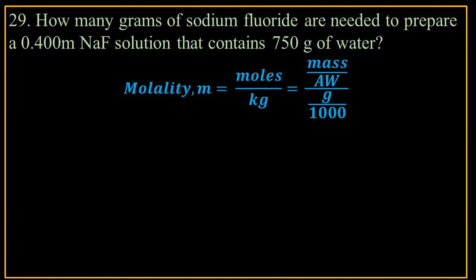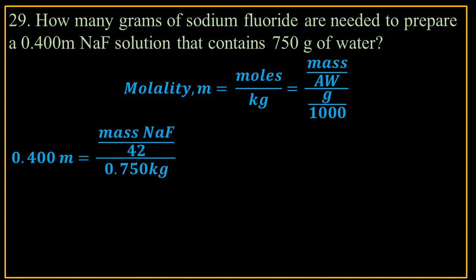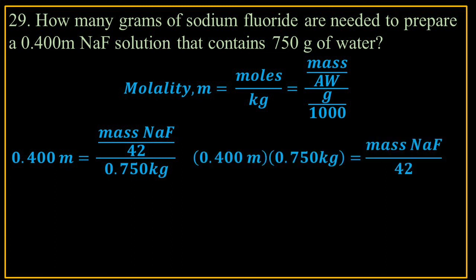And what you have is the mass over the atomic weight, divided by the grams of solvent divided by 1,000. So here we don't know the mass of sodium fluoride, and we have a 0.4 molal solution, and we cross multiply.